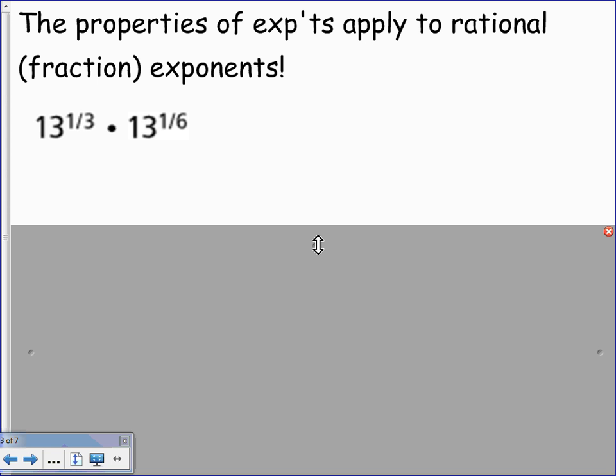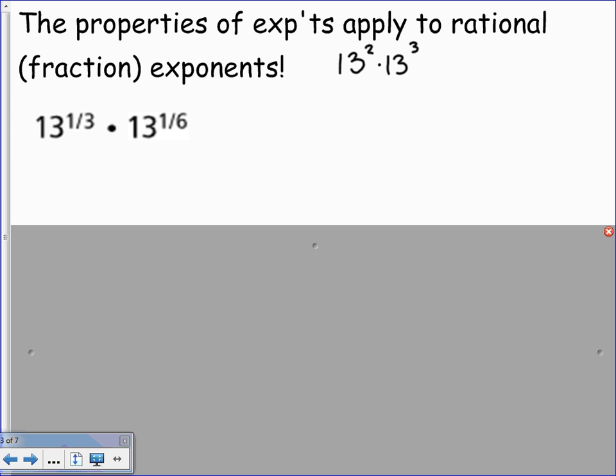And sometimes if you're having trouble deciding what to do, I might take this 13 to the 1/3 and 13 to the 1/6, and I might just give it regular whole number exponents. What if it was just 13 squared times 13 cubed?